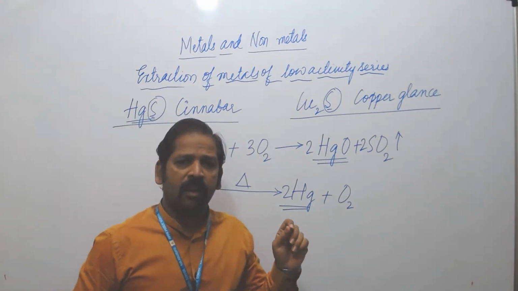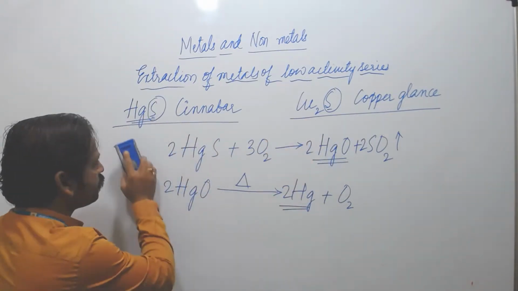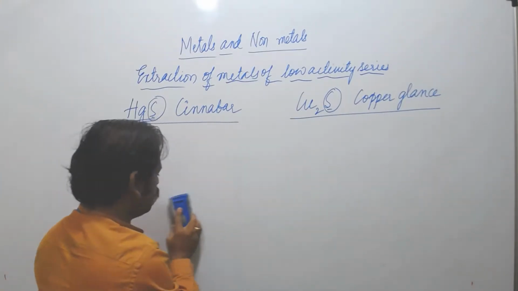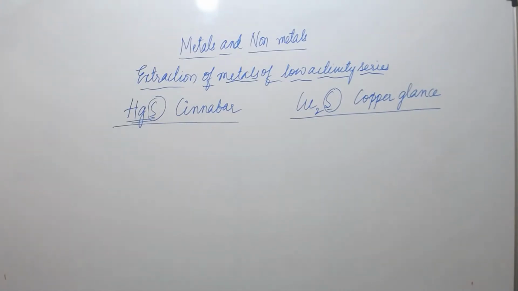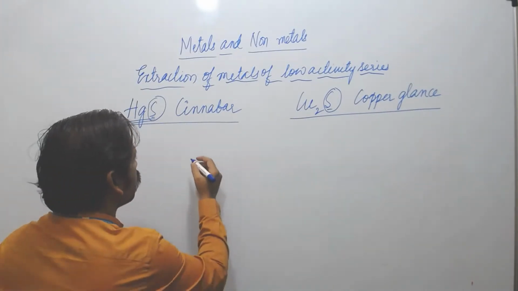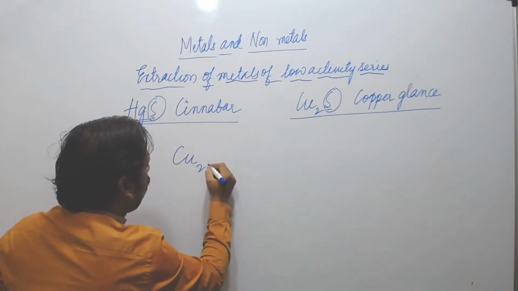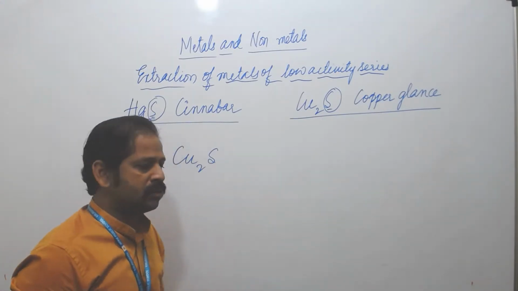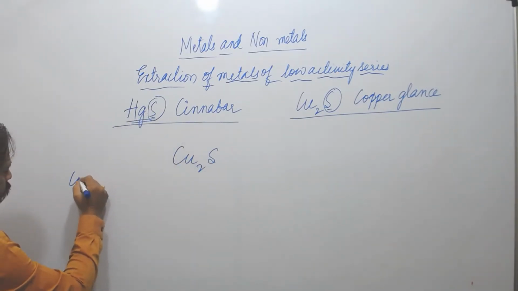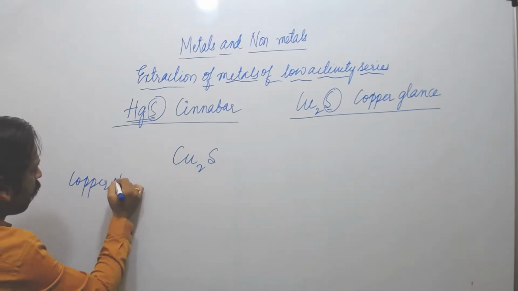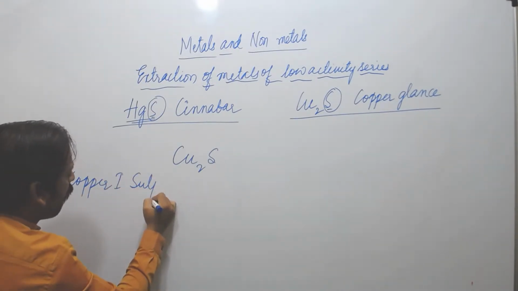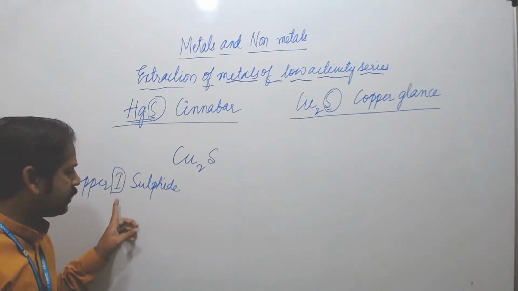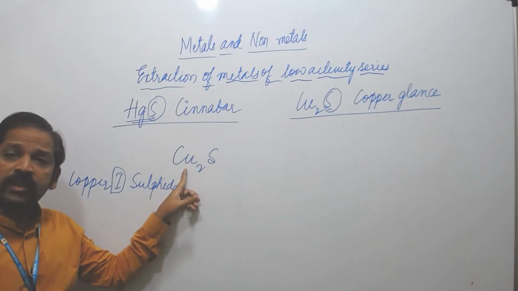Next, second will be copper glance. It is also called copper 1 sulfide. Why is it 1? 1 means its valency is 1.